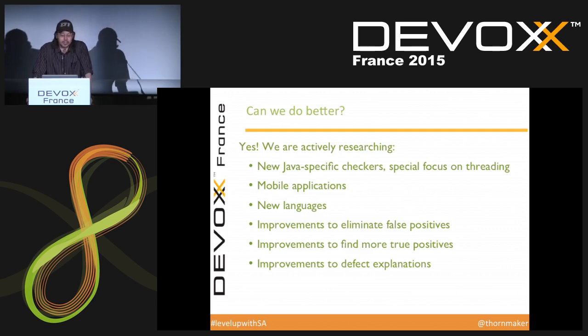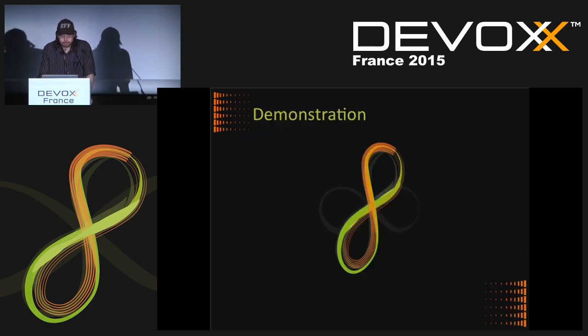To do a really good analysis on a language like JavaScript or Python, we have to start from square one in a lot of ways, building up a thorough, deep analysis engine. That's one area we are looking at. And we're always looking at ways to better understand frameworks so that we can eliminate false positives and find more of the false negatives.